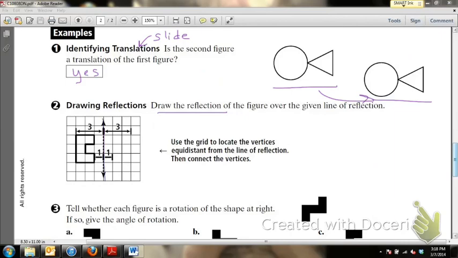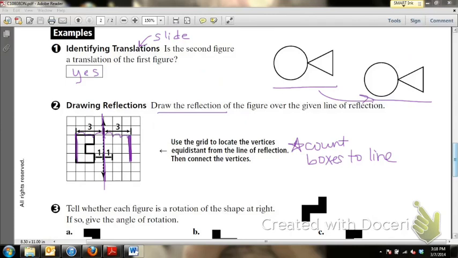So, you can see they drew this dotted line here. A nice way to do that is to use the grid to count boxes. That's what this is saying over here. Just count boxes to the line. So, this far end of the shape is 1, 2, 3 boxes away from the line of reflection. So I go 1, 2, 3, and I'm going to redraw that. Let me change my color actually.